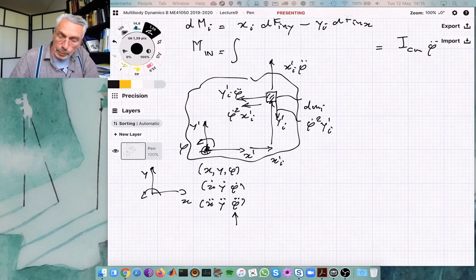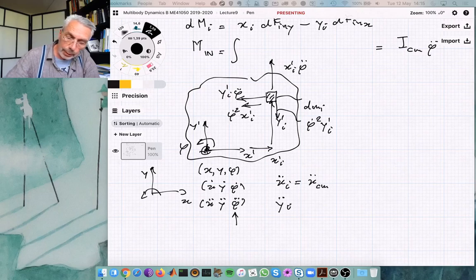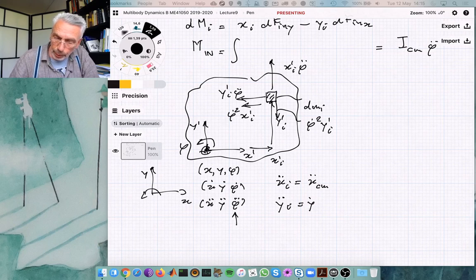So, from the picture we now can conclude that the acceleration of point I is first of all the acceleration of this part, of the cm, so x double dot cm, and the y component is of course also y double dot cm. And then we have to add all these contributions.